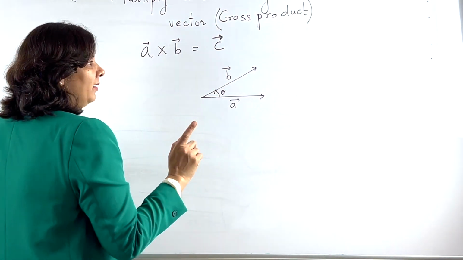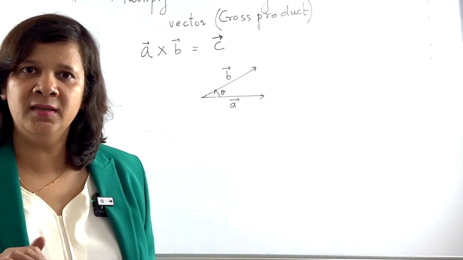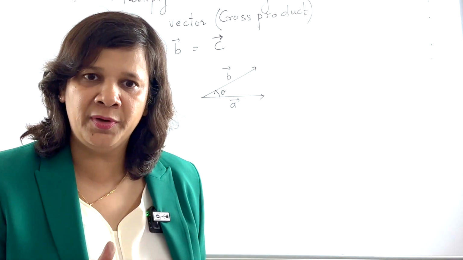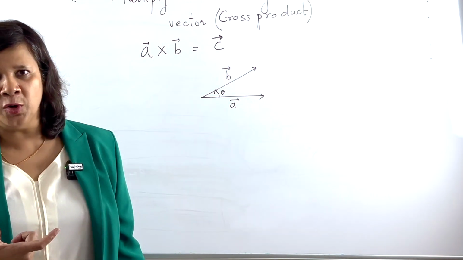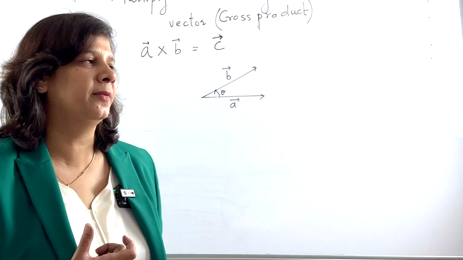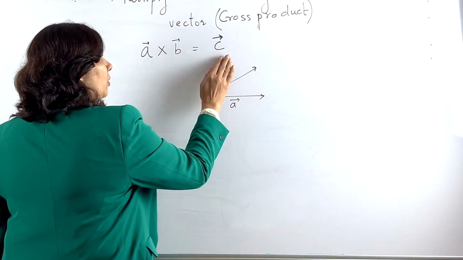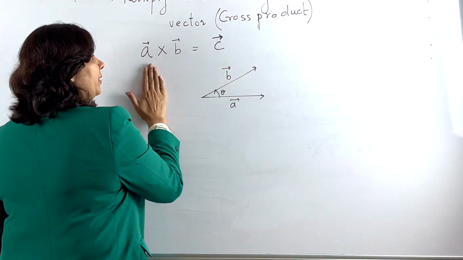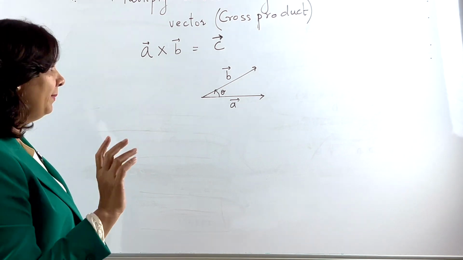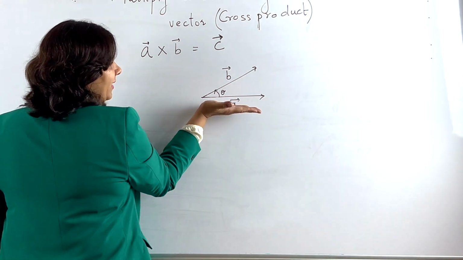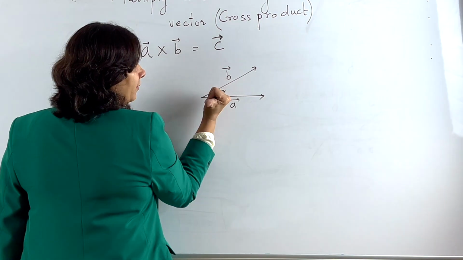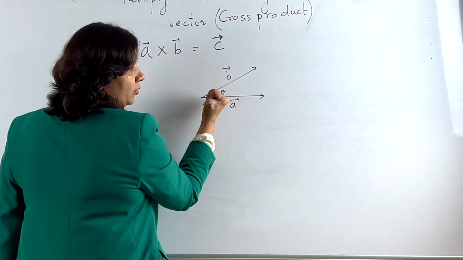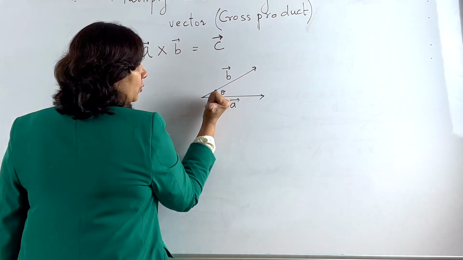But here, what we have seen earlier in the case of dot product is that A dot B is equal to B dot A. The dot product of two vectors is commutative, whereas the cross product is not commutative. Why? Because when I sweep from A to B, my thumb points in the outward direction, perpendicular to the board and outwards.